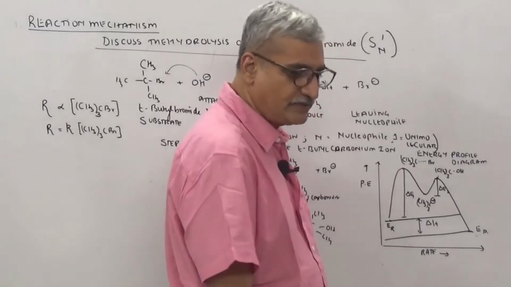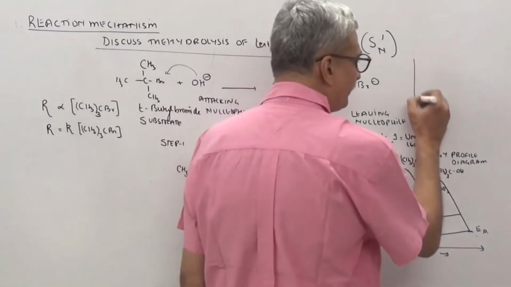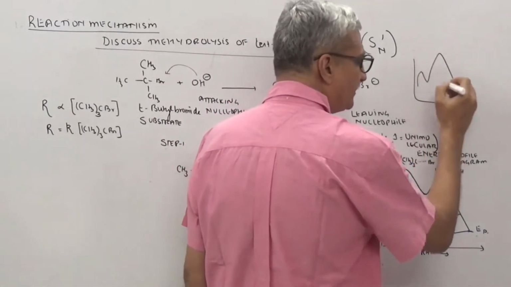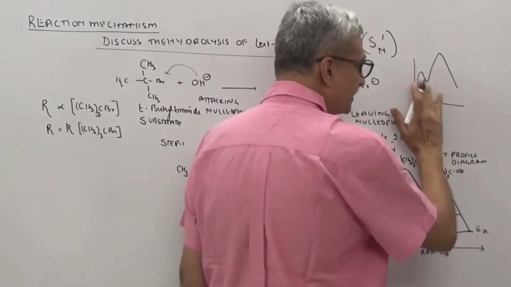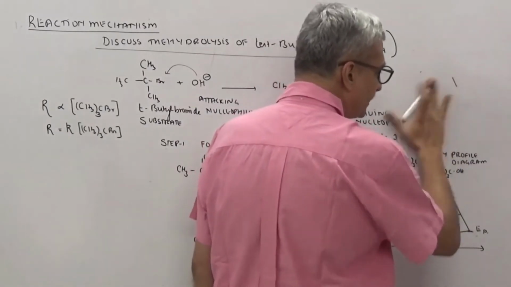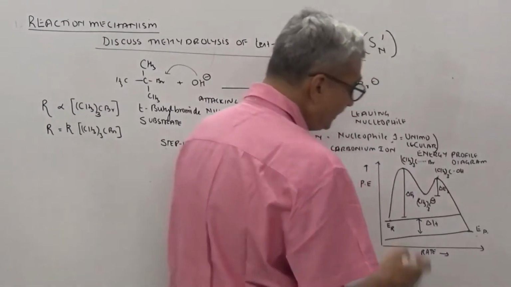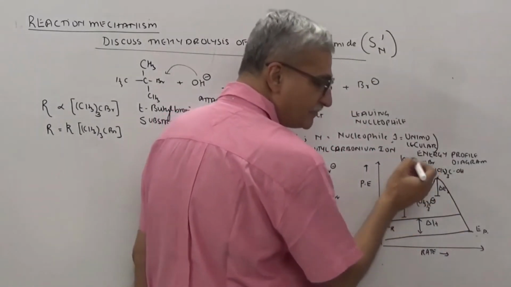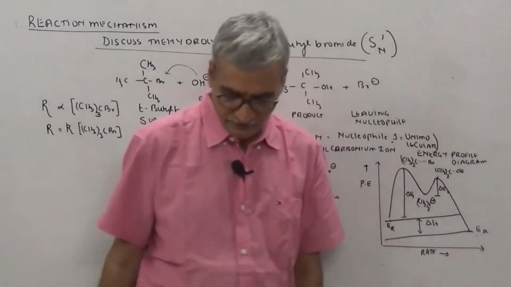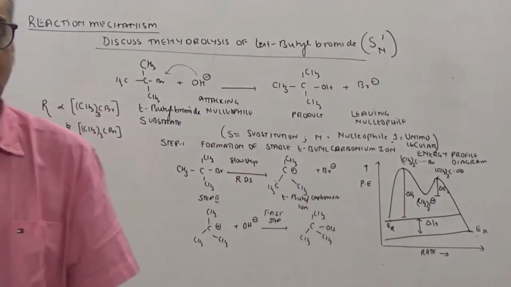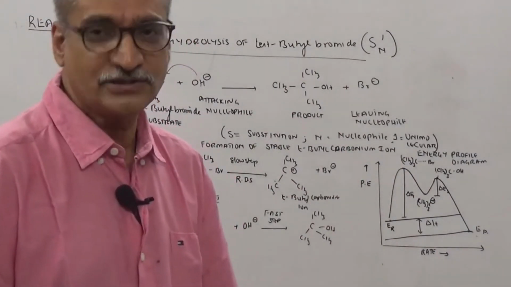So what do you understand from the graph? You will say, "Sir, why can't we have a graph like this, the first one small and the next one bigger?" It cannot be like that. The logic over here, Sara, is that the first step was the slow step. What was the slow step? The breaking of the carbon bromine bond was the slow step.